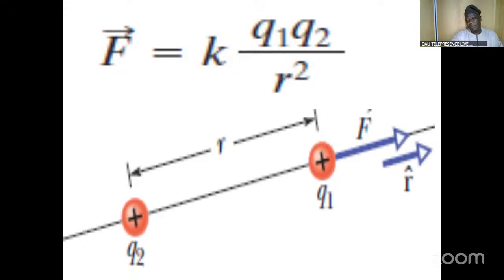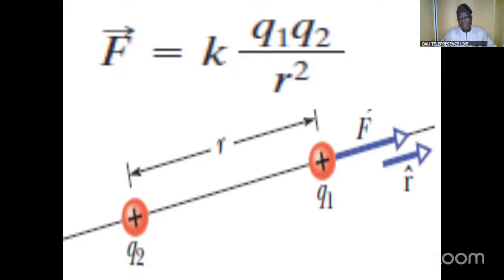And sometimes, 3 things to explain here before we go. If the charges are equal, that is Q1 is equal to Q2 in your question, either in test or exam. Sometimes there are some questions we're going to be tested with on electron properties. So you just square the Q. The equation cannot change.